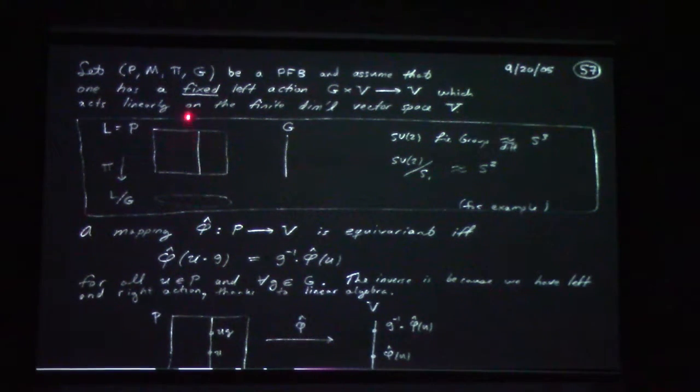Now I'm talking about how the principal fiber bundle acts on functions which take their values in some vector space V, like a wave function or something, which represents some symmetry in physics. Well, this is how the principal fiber bundle interacts with such fields, in particular by this formula.